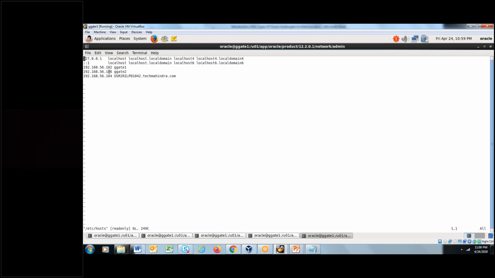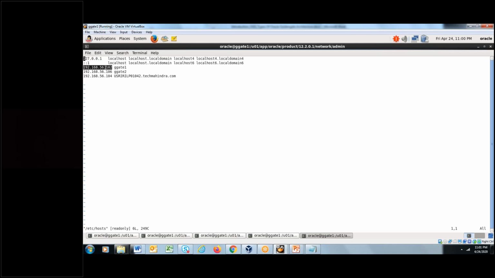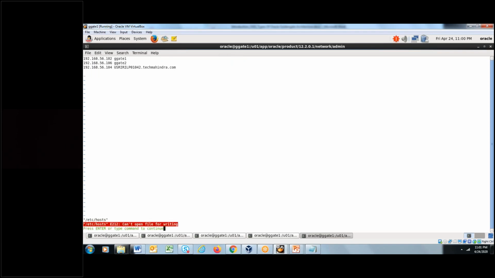Ensure that the IP address is correct, like for gget2. Whatever you see in ifconfig, your /etc/hosts should contain the same IP address. If your gget1 IP address is, for example, 104 or 102, put it there and save it. Otherwise, if ifconfig says the IP address is 107 and here you have 102, you'll get port in use when installing the database or doing anything else.